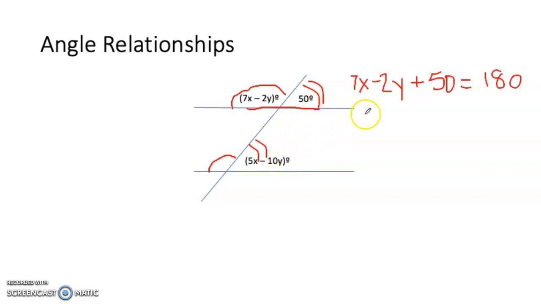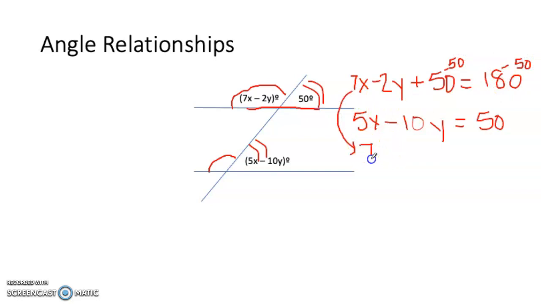If they're the same, I can set them equal to each other. 5x minus 10y equals 50. Here I can also say minus 50, and I can rewrite this equation as 7x minus 2y equals 130.